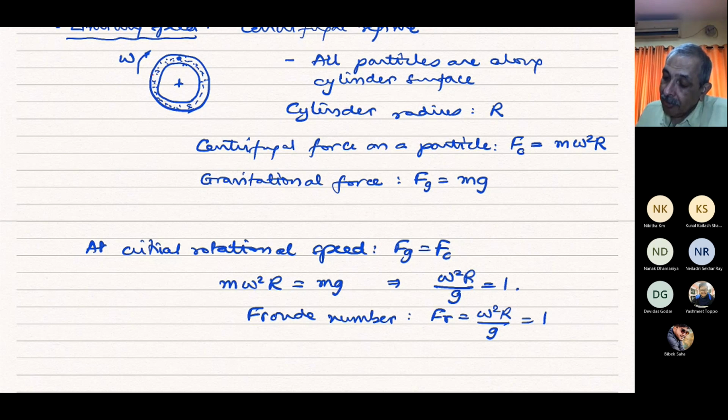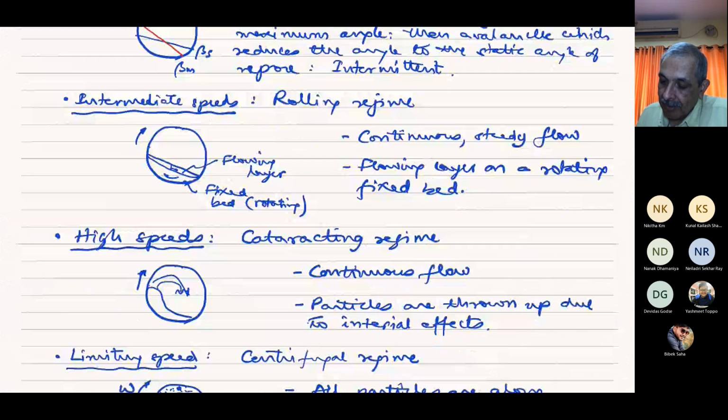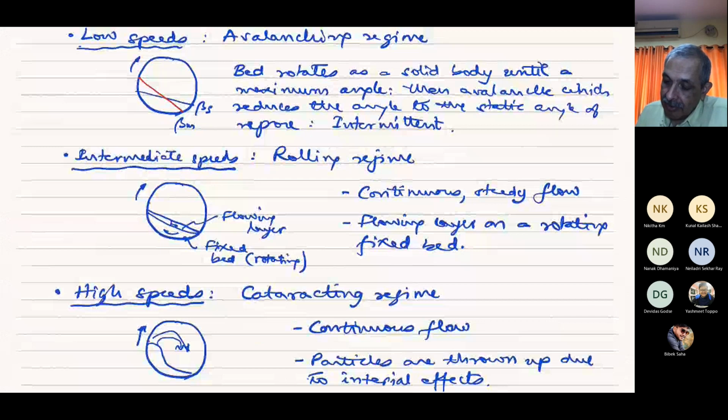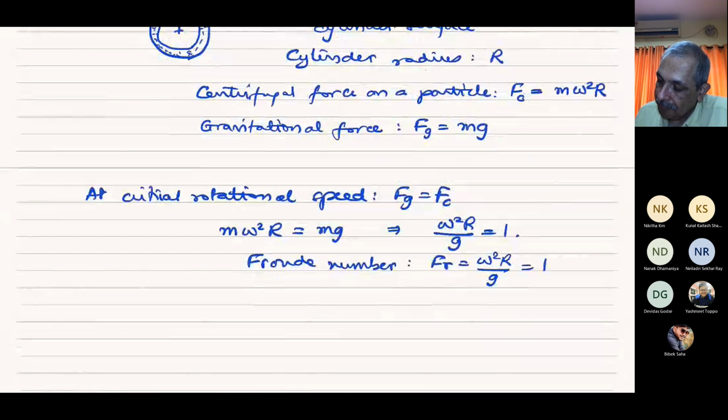The Froude numbers we will operate at are going to be much, much less than 1. And many people will say that the transition occurs between these different regimes in terms of the Froude number.